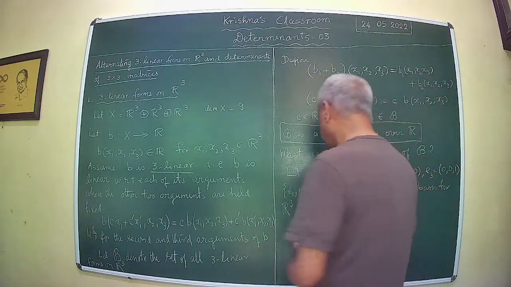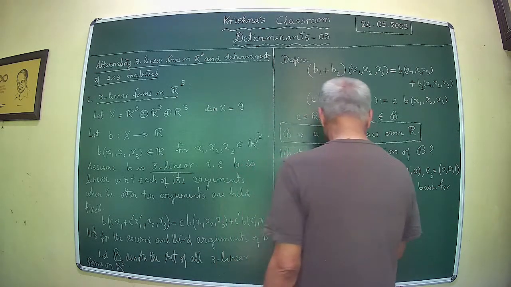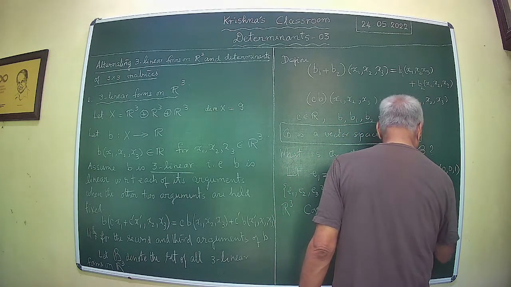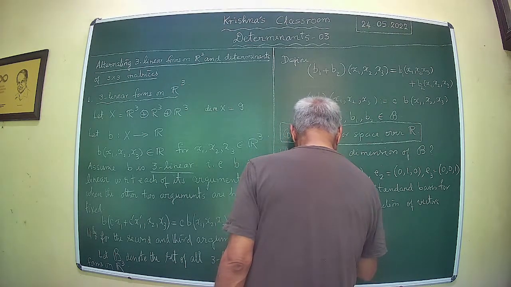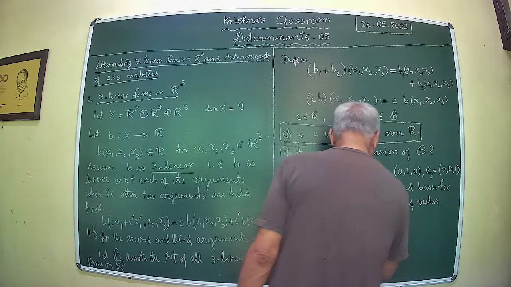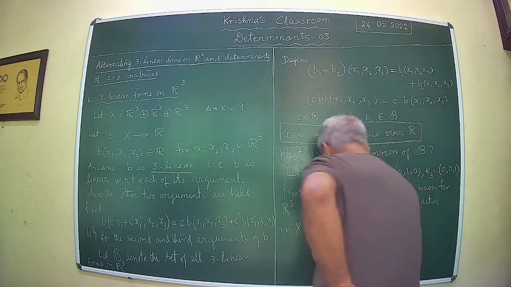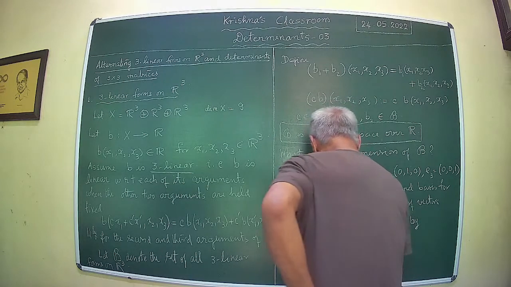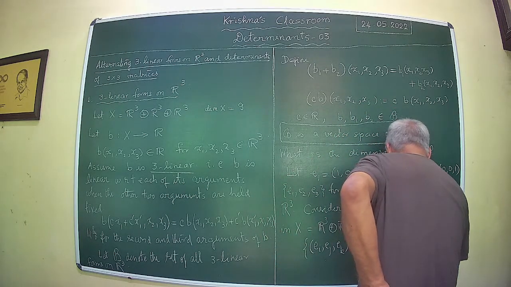Therefore, now we look at the collection of vectors defined by E_i, E_j, E_k, with i, j, k equal to one, two, three.